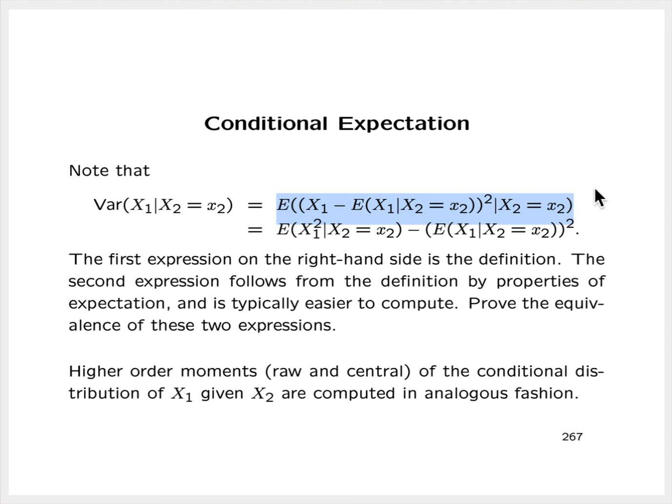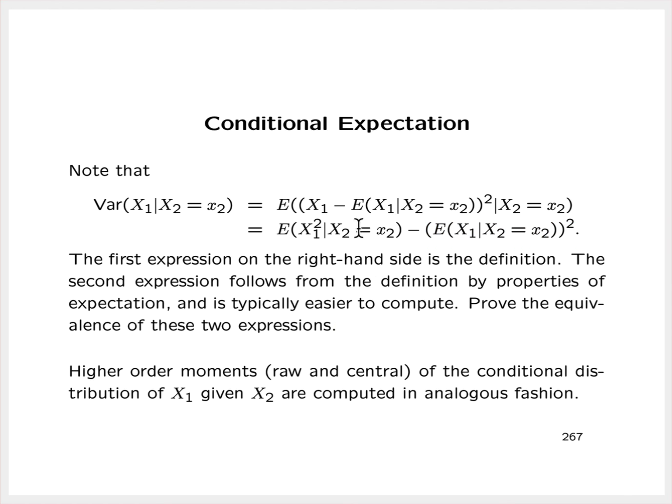This first expression is the defining formula. But we can also calculate this using this algebraically equivalent expression. This first term is the conditional expectation of x1 squared given x2. And the second term, which we subtract from the first, is the square of the conditional mean of x1 given x2. In other words, the square of the expected value of x1 given x2.